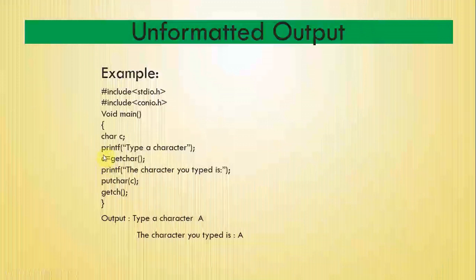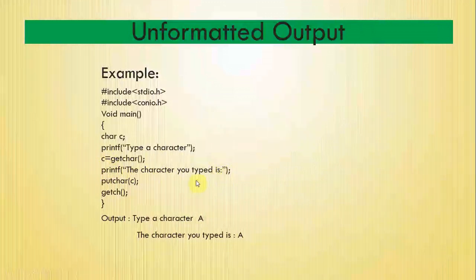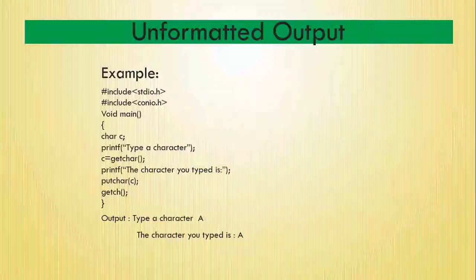You can specify any kind of variable; I have written c here. Then, with the help of the printf function, I print the message: the character you typed is. This is just to enhance the understandability of the program, and it will display on the screen.